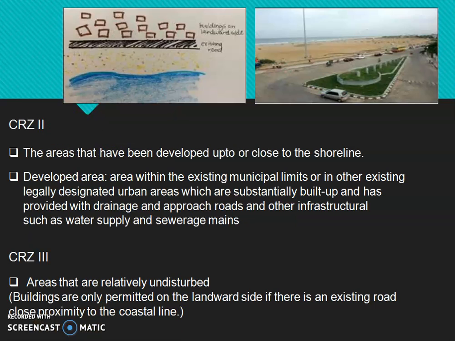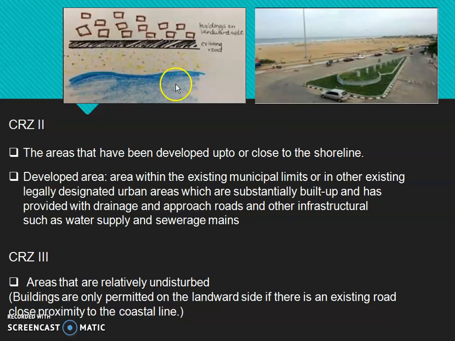Then what is CRZ2? It covers the areas that have been developed up to or close to the shoreline. Developed areas are the areas within the existing municipal limit or in other existing legally designated urban areas which are substantially built up and provided with proper drainage.